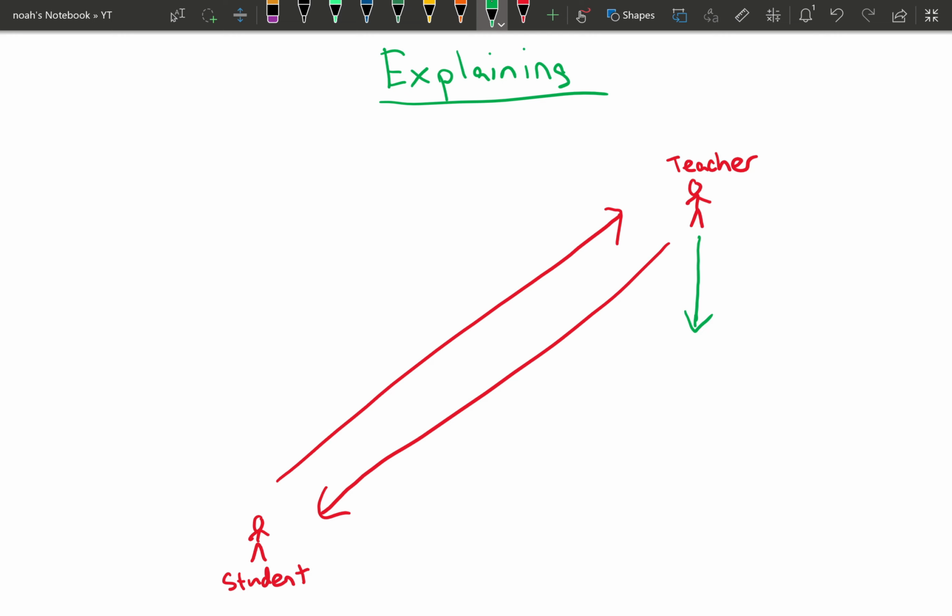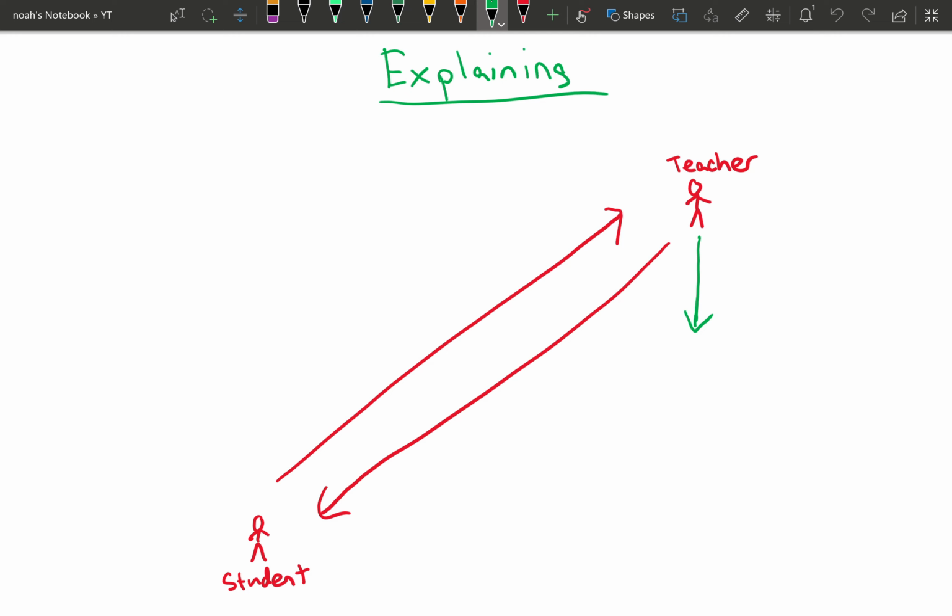You've got to make it seem like you're human, that you're not this all-knowing expert that never messes up, never makes mistakes, right? You want to have some humility and show that the material is actually difficult and challenging. It may not be for you, but you've got to make it seem like that so you seem relatable, right?